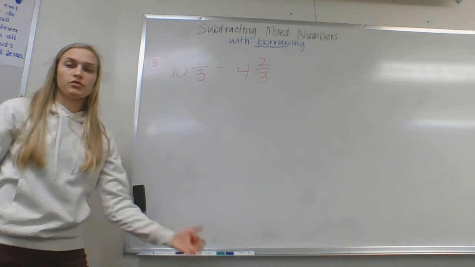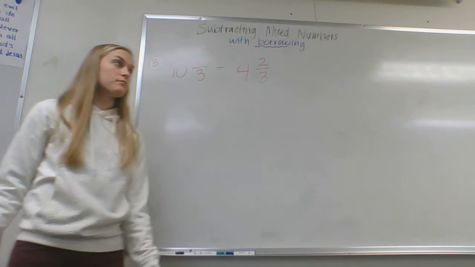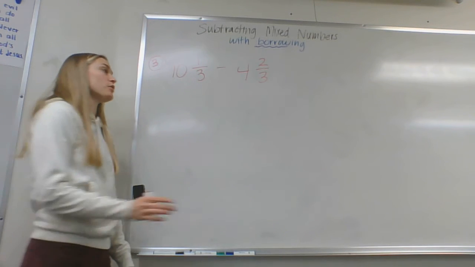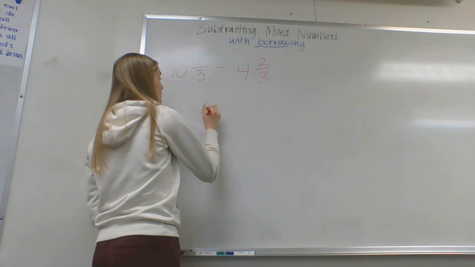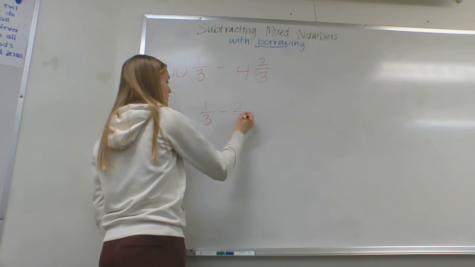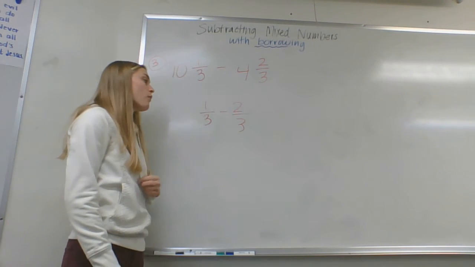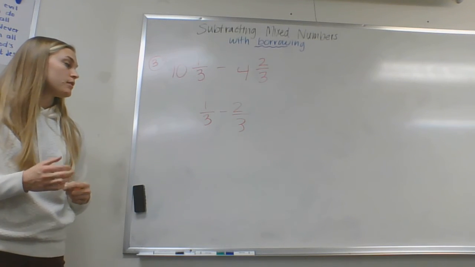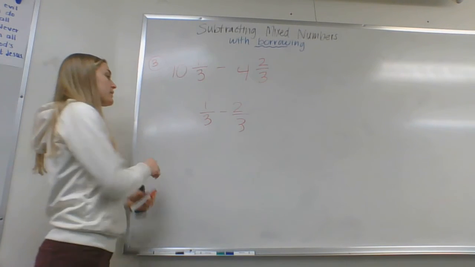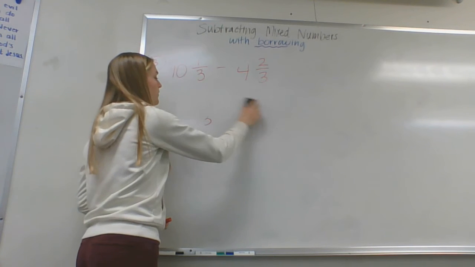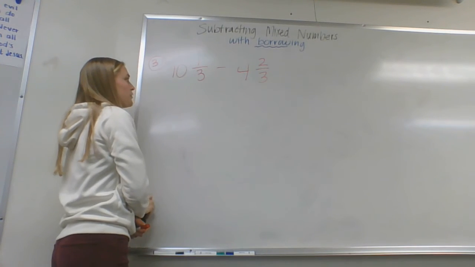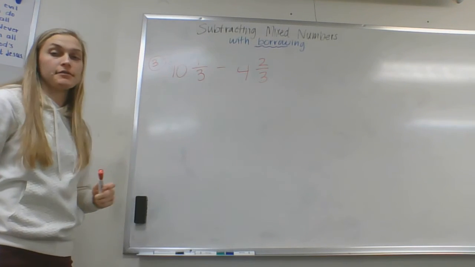Okay, so if you're subtracting mixed numbers, you won't automatically know you have to borrow. So first thing you'll do is subtract your fractions, but you can't subtract your fractions because you can't take 2 away from 1 without going into the negatives. We're not going to get there. So what you need to do is borrow from your 10.